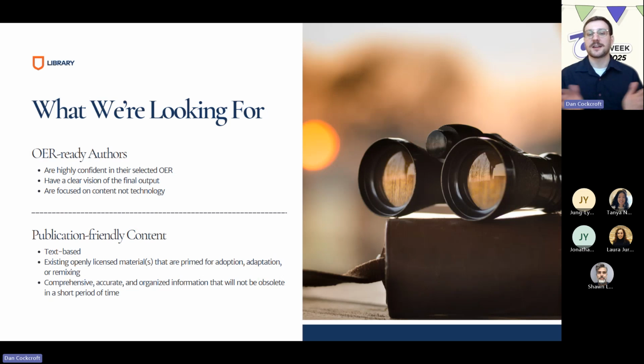If we get a variety of file formats, it's really easy to pull it into our process. We're also looking for comprehensive, accurate, and organized information that's not going to be obsolete in a short period of time. So if you're going to pick an OER, it'd be great if you could pick the most recent edition. And if you're not sure if it is, I can help you check that out.